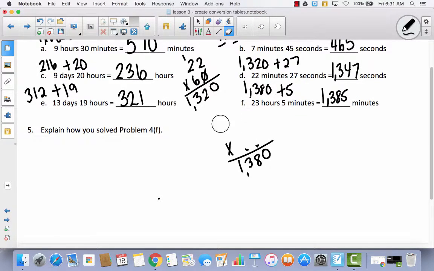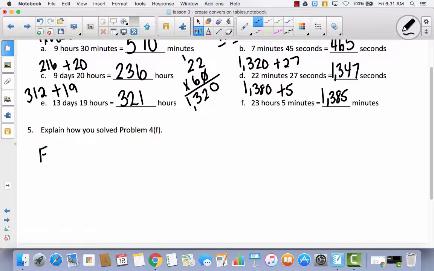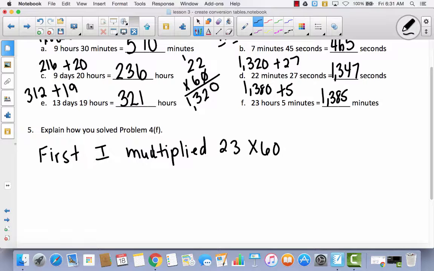So I'm going to have to kind of erase this to have some room here. So I'm going to explain how I solved this problem. Well, first, I multiplied 23 times 60 and got 1,380 minutes.